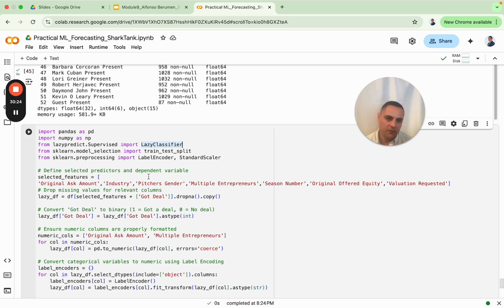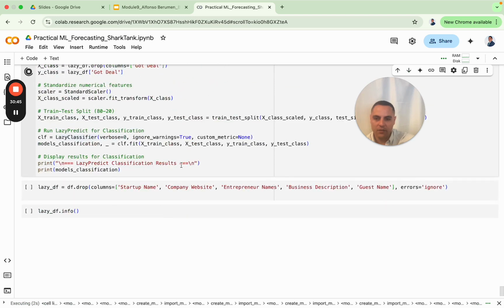Basically what I'm doing is feeding in a bunch of variables and letting the computer tell me what's going to give me the most accurate outcome. If I run through this, it'll take a little bit of time to run.